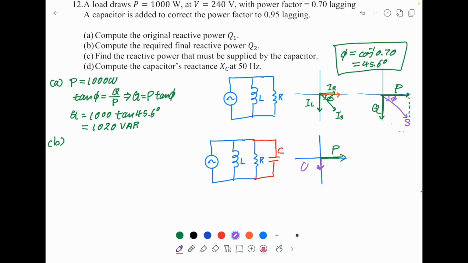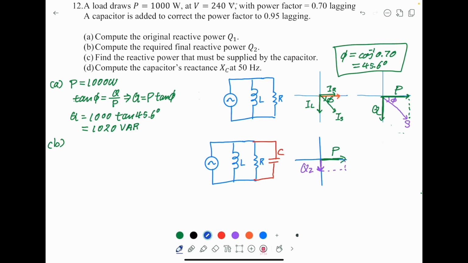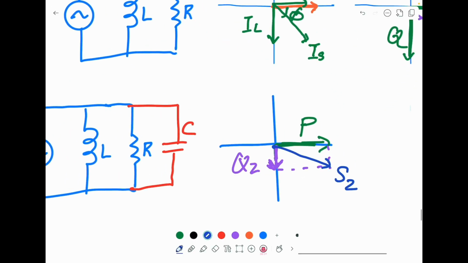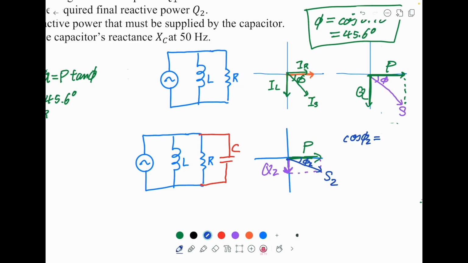This is your Q2, and this is your new apparent power. And of course the angle here is also reduced, so the cosine of the angle will increase. So this is equal to 0.95. So you can see phi 2, the new angle, will become 18.2 degrees.